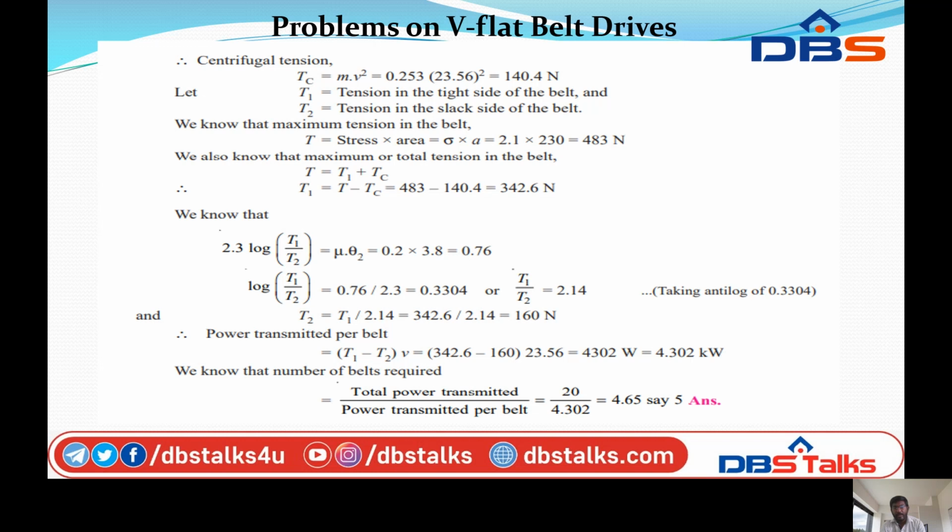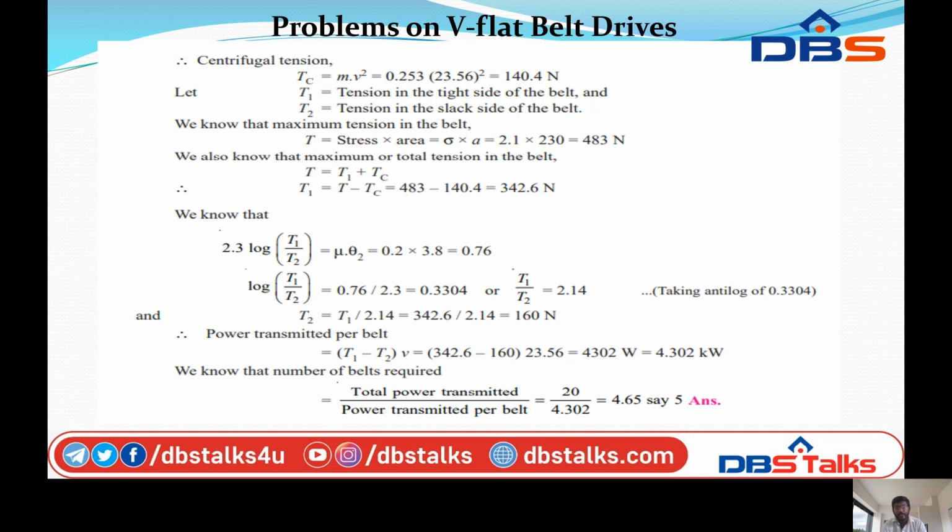We know the formula 2.3 log of T1 by T2 is equal to mu into theta 2. Substituting the value of mu, 0.2 into theta 2, 3.8, that is equal to 0.76. Therefore log of T1 by T2 is equal to 0.76 by 2.3. Calculating the value, it is 0.3304.